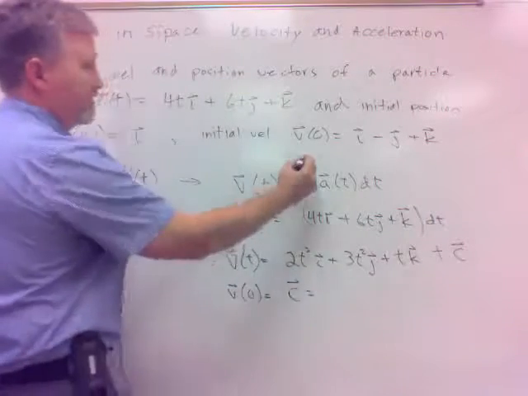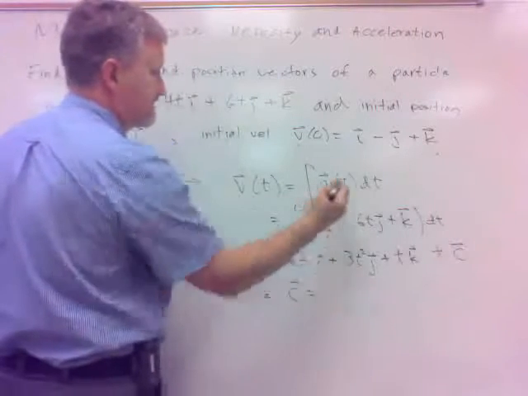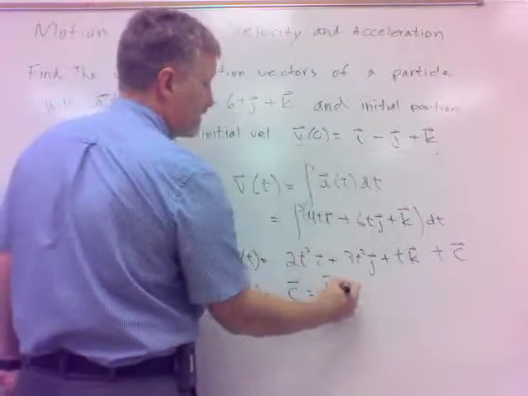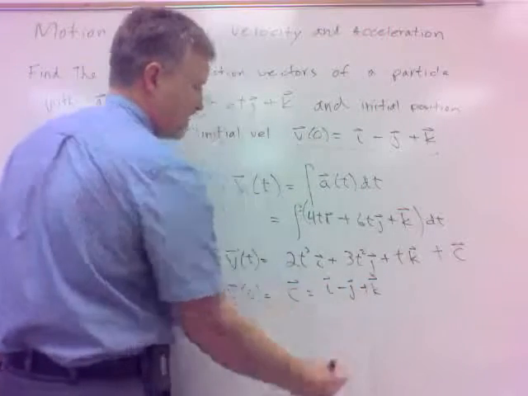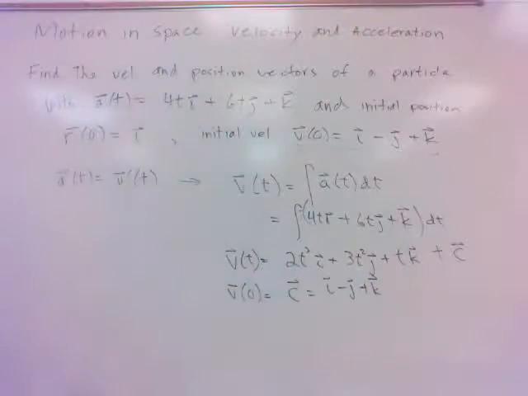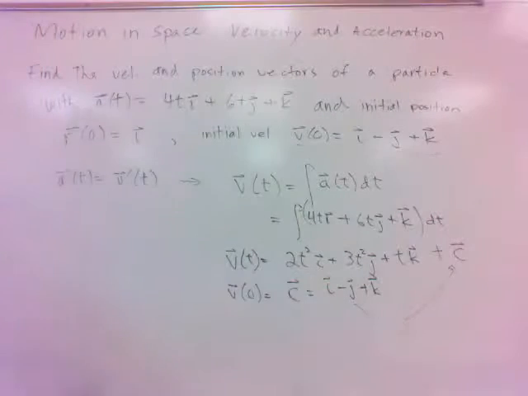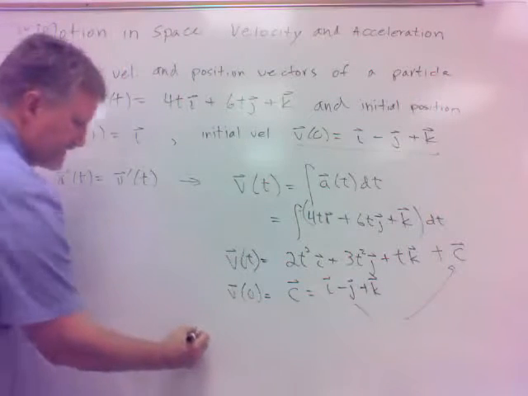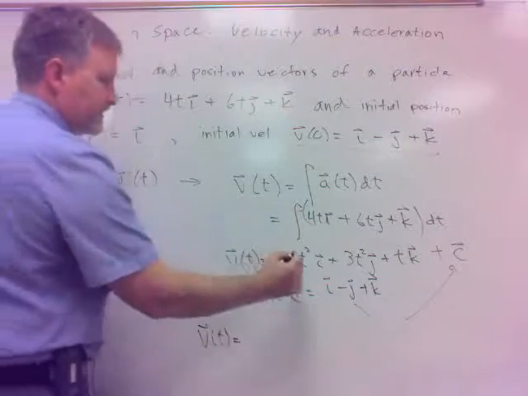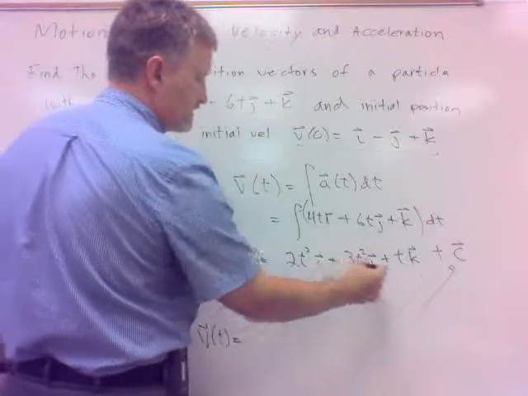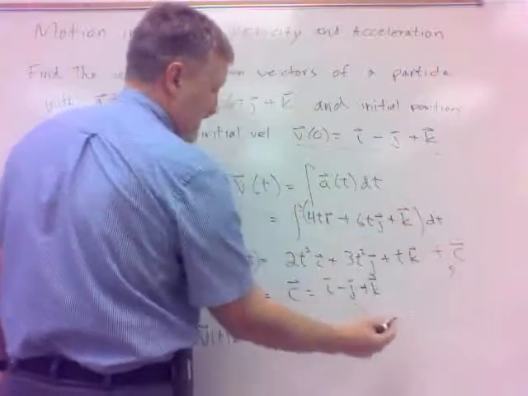And we know from our given that v0 equals i minus j plus k. So our constant vector is i minus j plus k. So the velocity vector turns into 2t squared i plus 3t squared j plus t k, plus that.